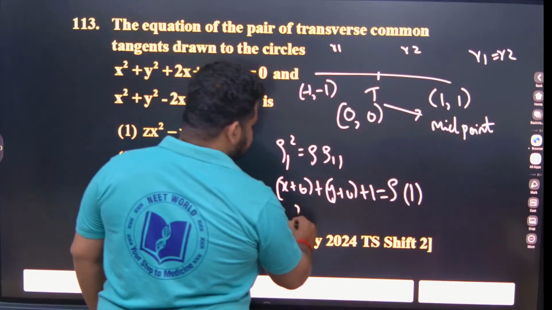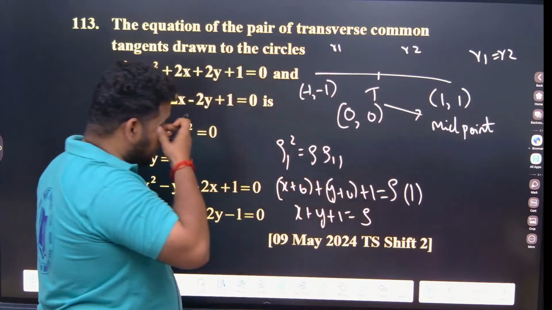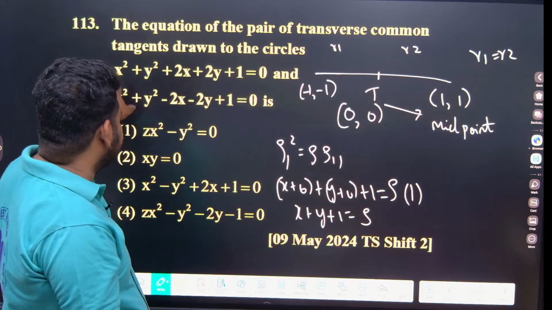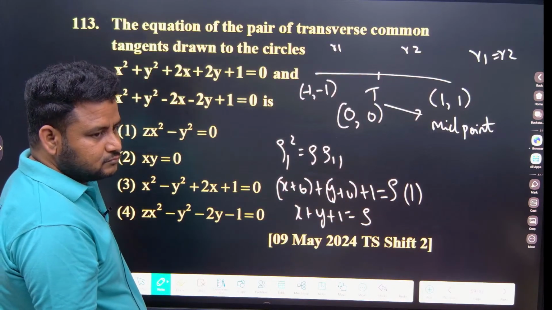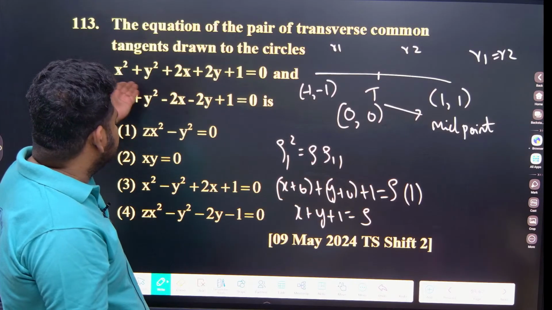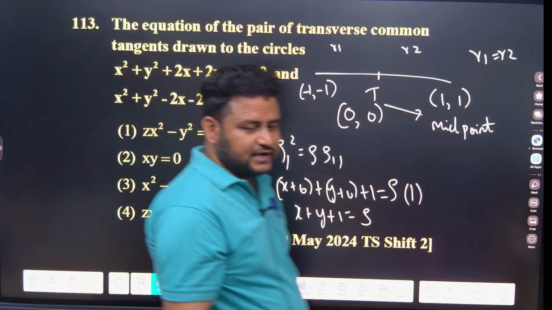Now see here, x plus y plus 1 is equal to what? Now what is the value of S we are having? S is what? This you have to put.